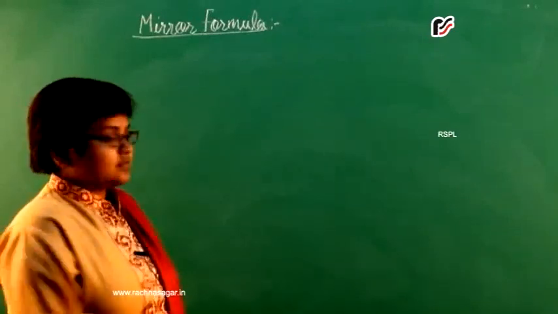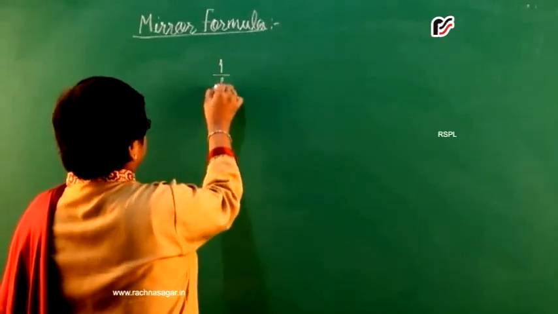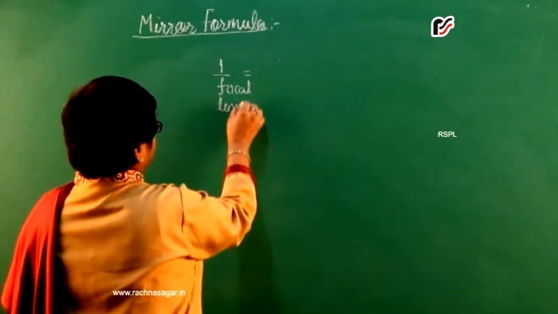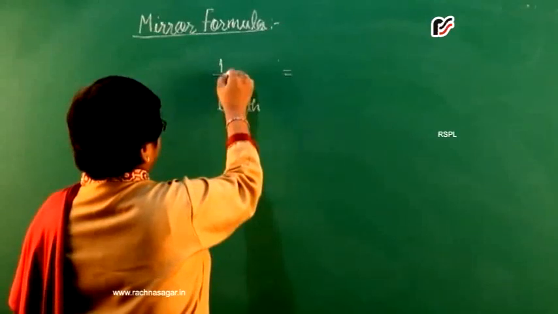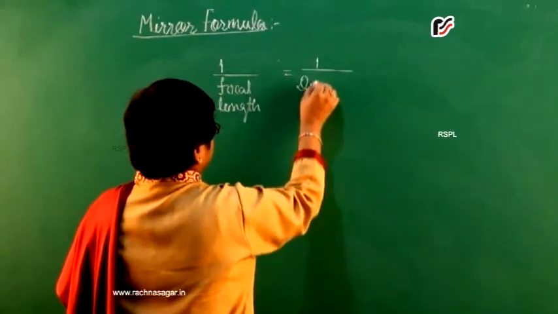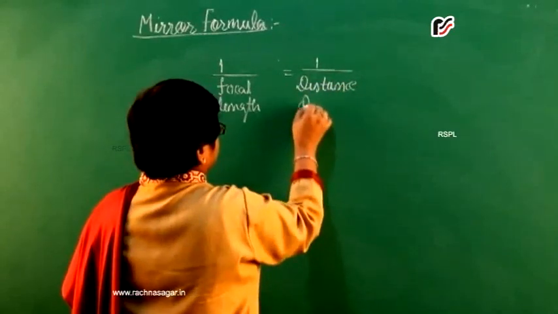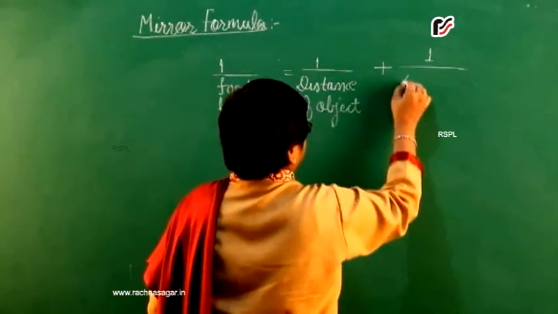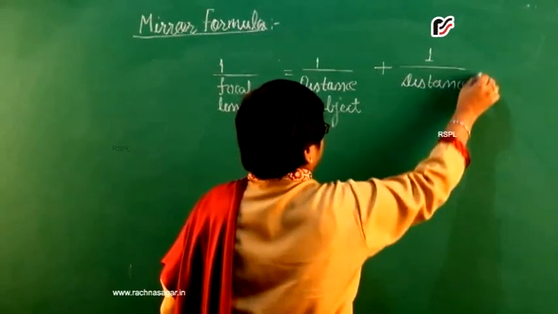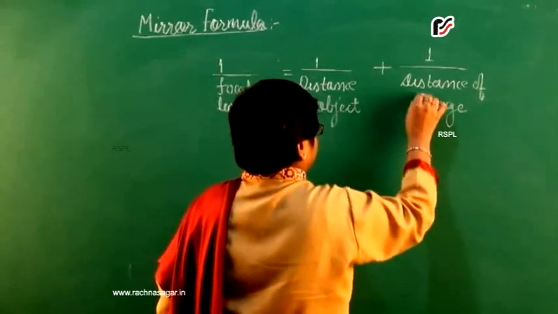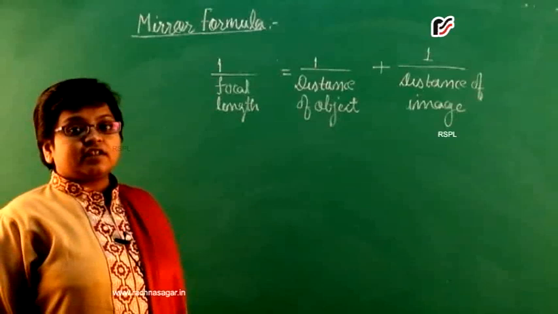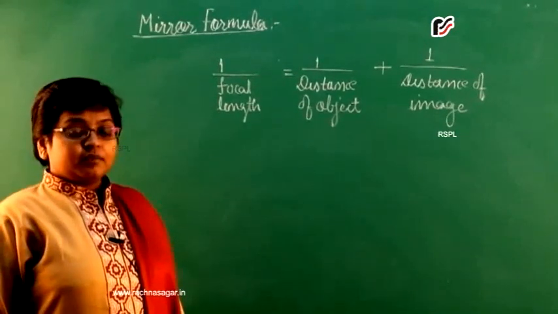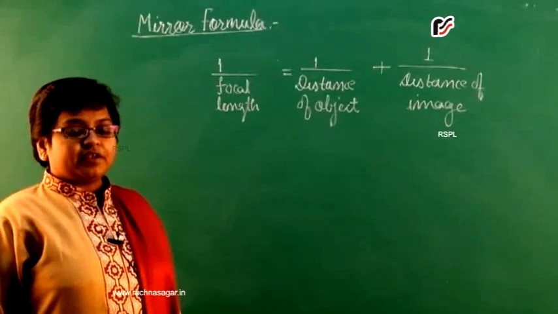Mathematically, we write it as: the reciprocal of focal length of the mirror is equal to the reciprocal of distance of object from the pole plus the reciprocal of distance of image from the pole.